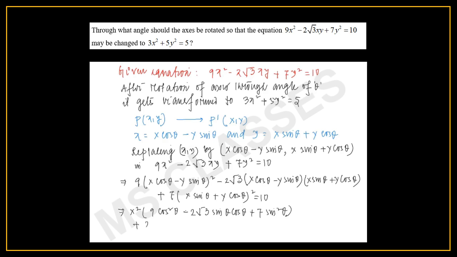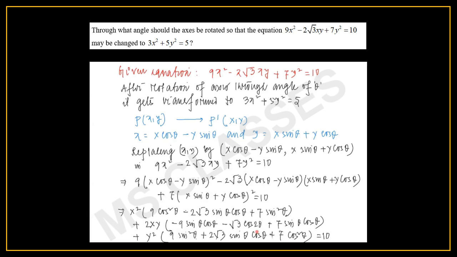Next we take XY, so twice XY times (minus 9 sin theta cos theta minus root 3 (cos square theta minus sin square theta), that's cos 2 theta, plus 7 sin theta cos theta). With this we have Y square times (9 sin square theta plus 2 root 3 sin theta cos theta plus 7 cos square theta) equal to 10. So this is what we have got.